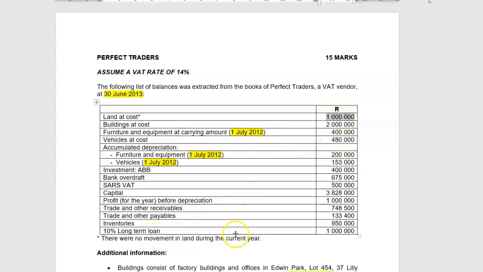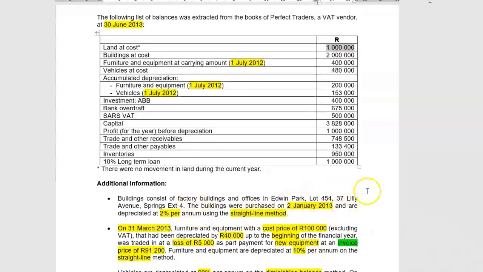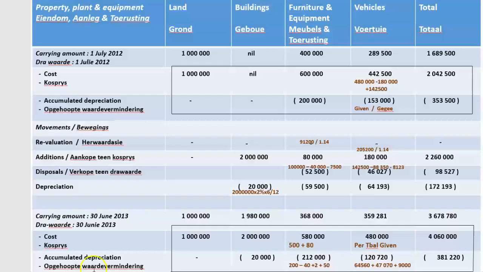There is no movement during the year and there is no depreciation that we write off on land. So that R1 million was there in the beginning of the year as opening balance cost, no accumulated depreciation, nothing happened during the year, and at the end of the year we still had a cost price with a carrying value of R1 million.